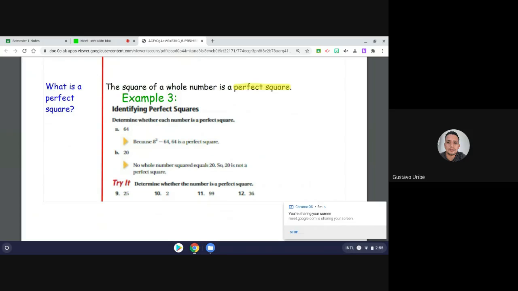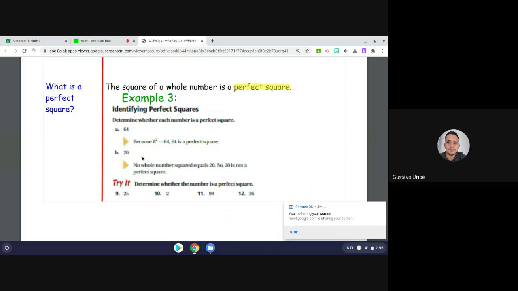All right, so I need a number that when it is squared will give us this number that we're looking for here. So for example, I want to know if 20 is a perfect square. So I'm going to have to see if some whole number squared will give me 20.